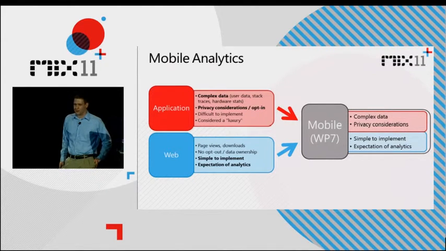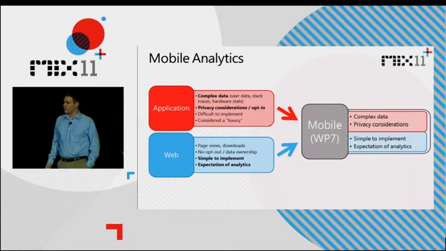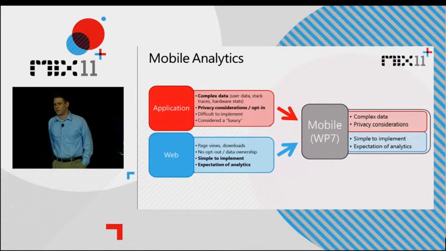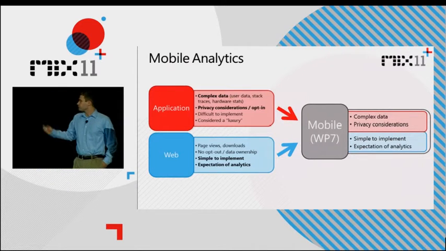We have somewhat of an expectation now because it's so similar to web. I saw a tweet yesterday after the Windows Phone 7 boot camp about how pages on the phone look and act more like web pages than applications. And so it's the same sort of expectation of analytics, but we get a lot deeper data because the engine, the CLR, is backing what we're doing.